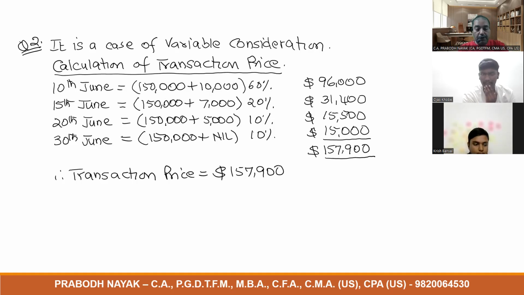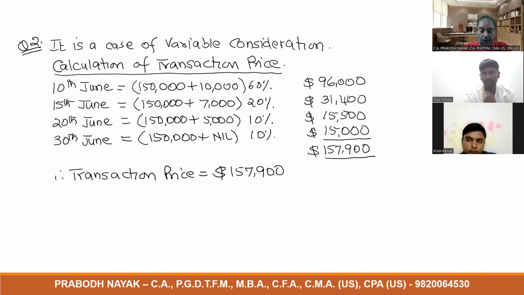But then there are options given. Options given will materialize only when the delivery takes place. So on the date of the contract, 1,50,000 cannot be the transaction price because there are various possibilities of the delivery being preponed.